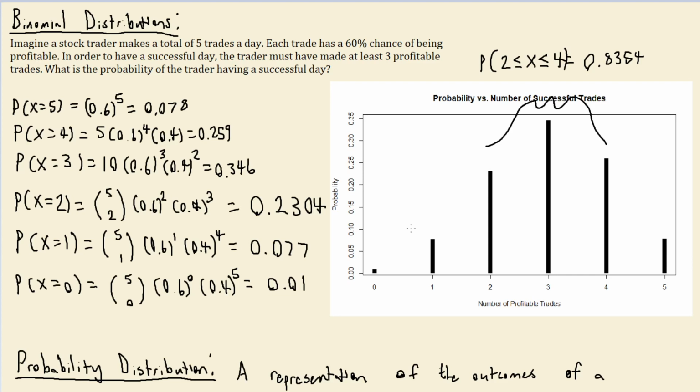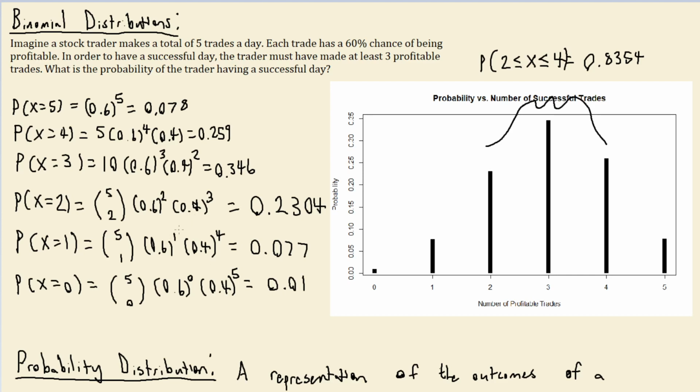If the trader has two successful trades and that makes him more likely to have more successful trades later on, then we can't use these calculations here, because here we are implicitly assuming that every single trade has the same exact chance of being profitable. And we're also assuming that what happens in one trade does not affect what happens in the other trade.